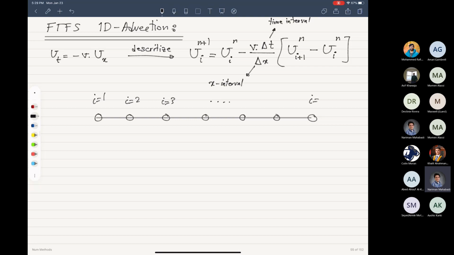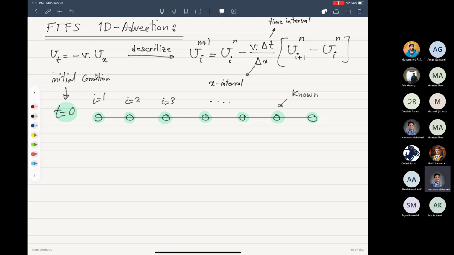I won't write the last index because it might be confusing, since if I write n, it will conflict with the time. So we are just increasing the intervals, right? But this is at time equal to 0. And that's a very special point because it says I have some initial value, or this is the initial condition, really. And if this is an initial condition, then all these values should be known, right? There is no problem. All these green points are known.